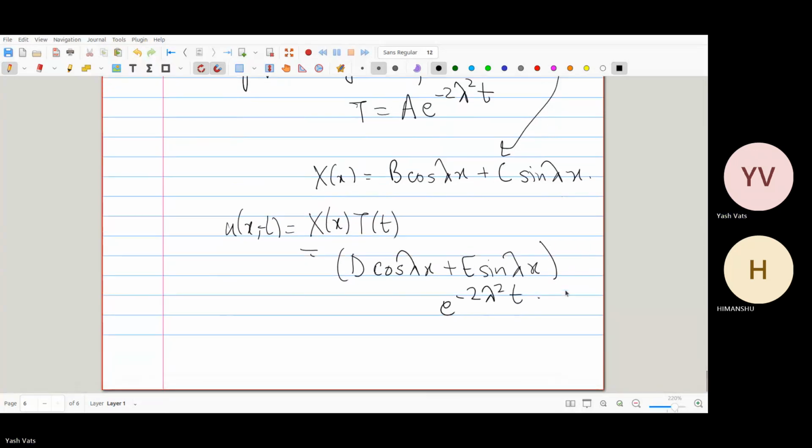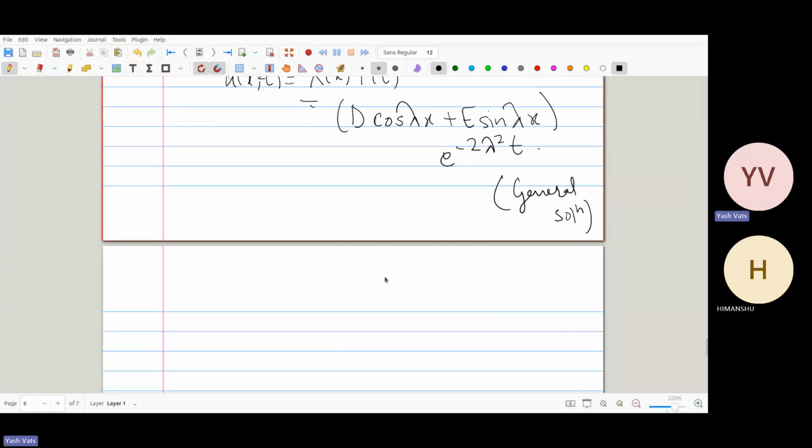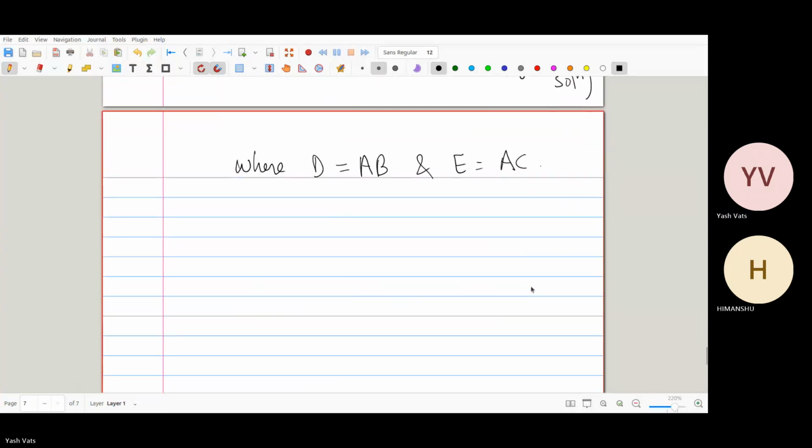So that's called the general solution. How do you find the specific, particular solution in this case? You do have the general solution. Now where D is AB and E is AC.